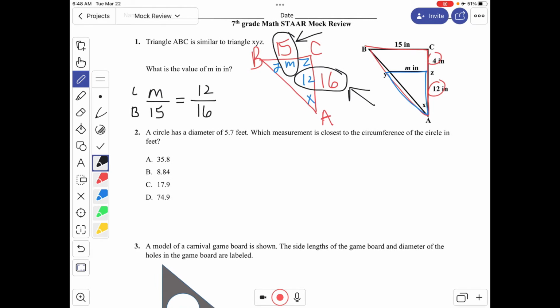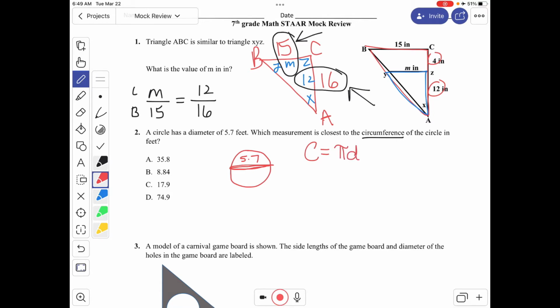Number 2, a circle has a diameter of 5.7 feet. Which measurement is closest to the circumference of the circle in feet? We have a circle, and the diameter goes all the way across, and it's 5.7. If you use your formula sheet, you'll find that there are two formulas for circumference.